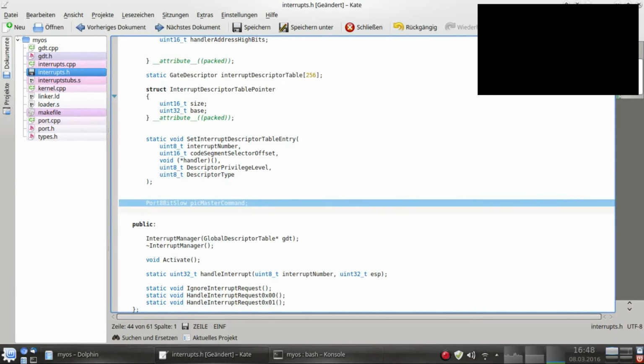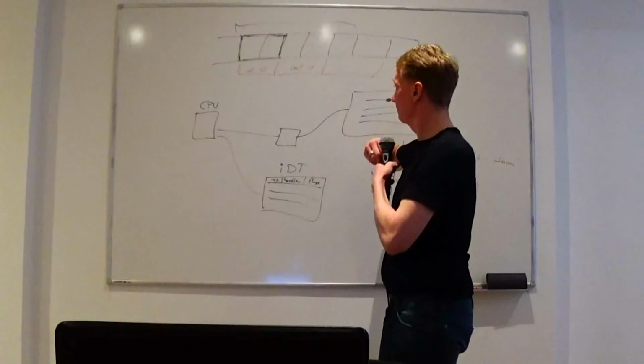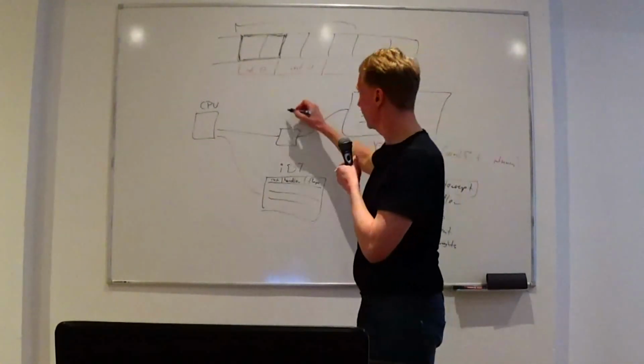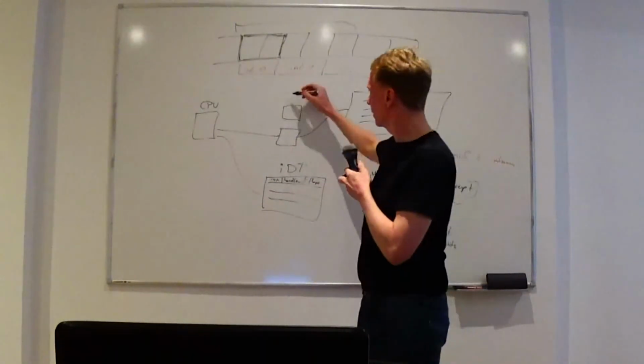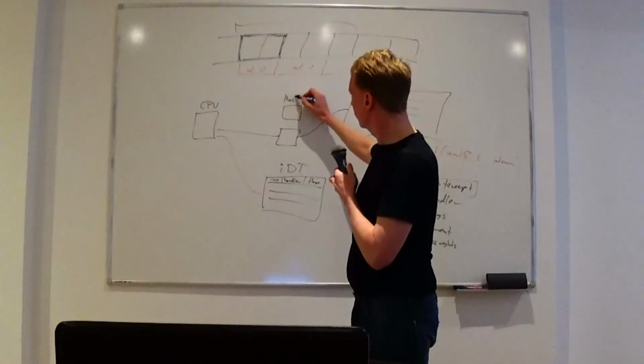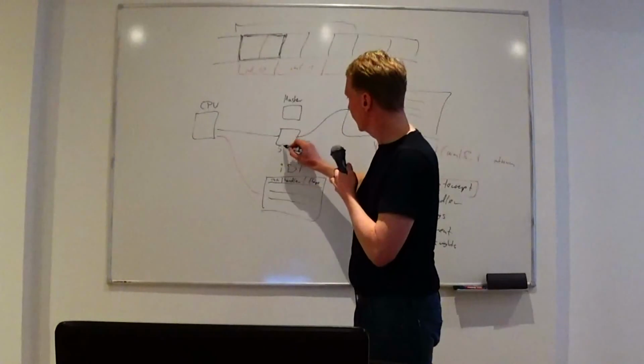One thing, by the way, that I haven't mentioned yet is we don't actually have only one PIC. We have two different PICs. So a master PIC and a slave PIC.